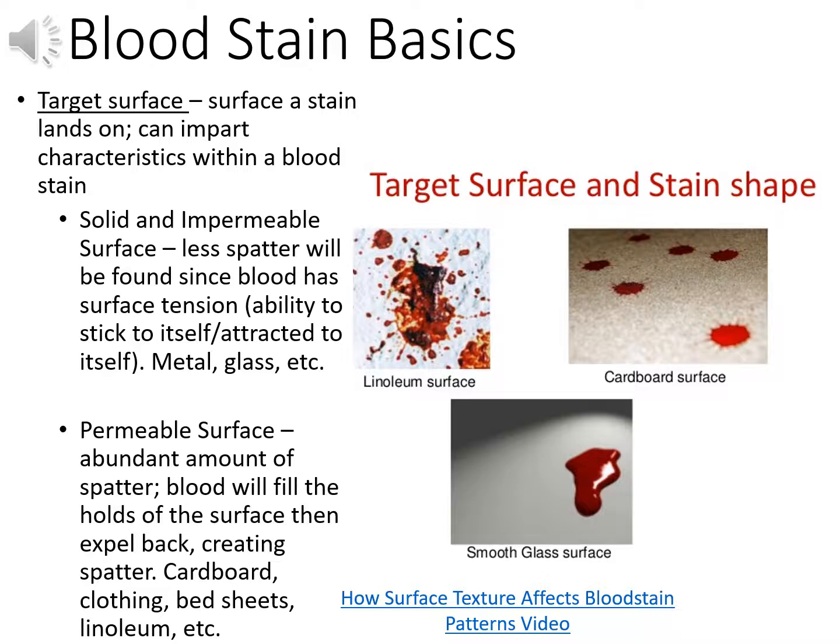You can definitely see those spines in that cardboard surface. If you look really closely at the top, you might even see some satellites there from some of those, whereas at the smooth glass surface, the blood drop stays together by and large, instead of having the classic spatter appearance of the linoleum or cardboard.